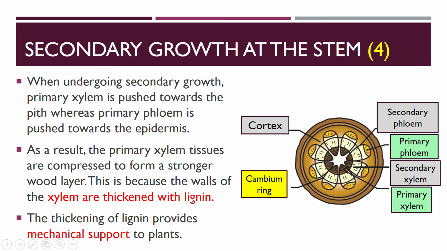Kalau dia thicken with lignin, now it is a very strong layer. So the thickening of the lignin provides mechanical support. Jadi beginilah harus kamu tuliskan point one by one like this accordingly. Okay, the terms that I've highlighted with red, those are the points.